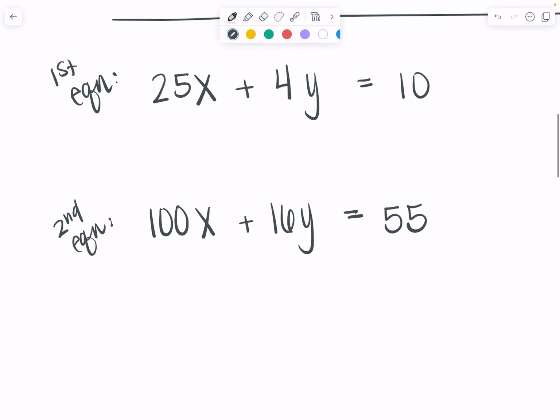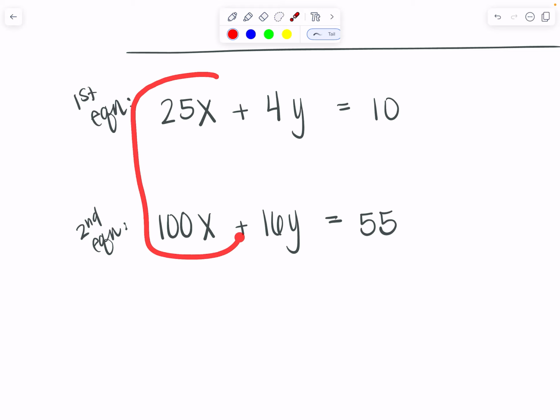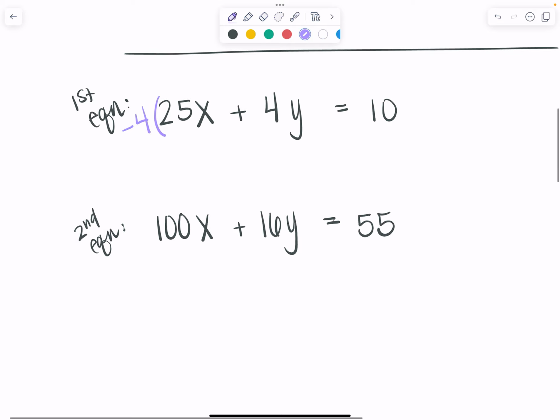When I'm solving by the addition method, I need to get variables equal in value with opposite signs. So I need to get what we call additive inverses. If I look at the x's, I could make these coefficients additive inverses by multiplying this top equation by -4.